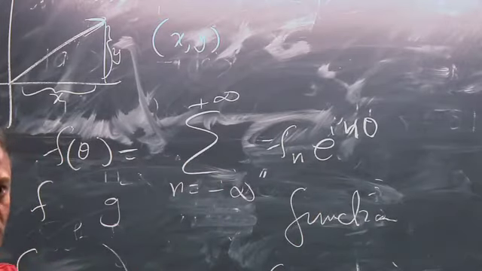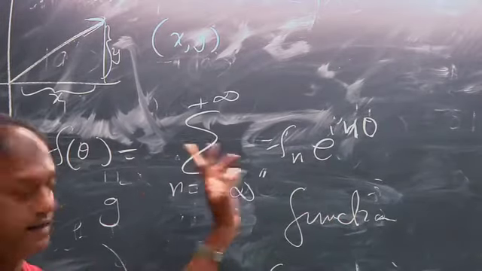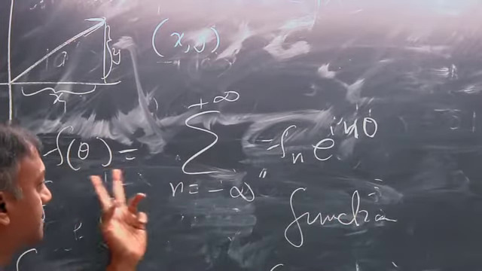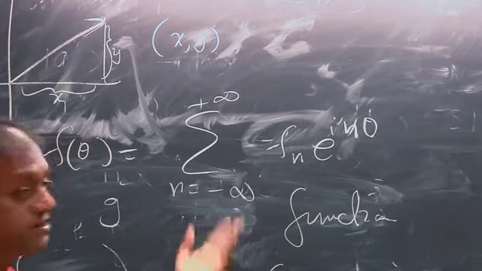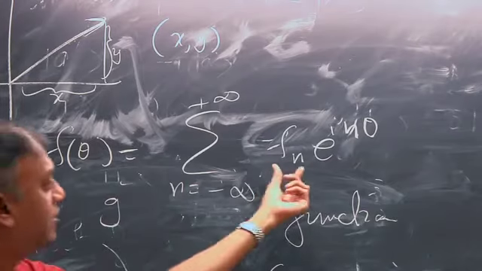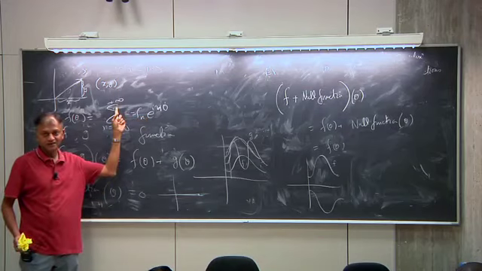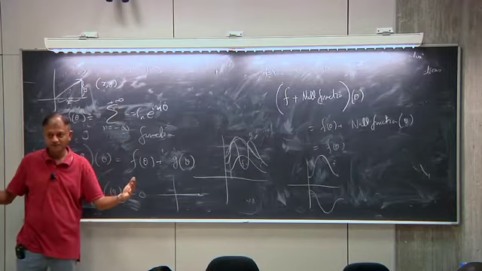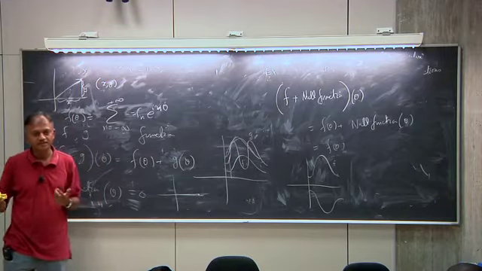There are subtle issues, but let's ignore those. But you know that an arbitrary continuous function, etc., can be expanded in this way. Now, how much information do I need to give? I need to specify all these f_n's for all n from minus infinity to plus infinity. So I need to give an infinite number of pieces of information to specify the function. That's why it's infinite dimensional.